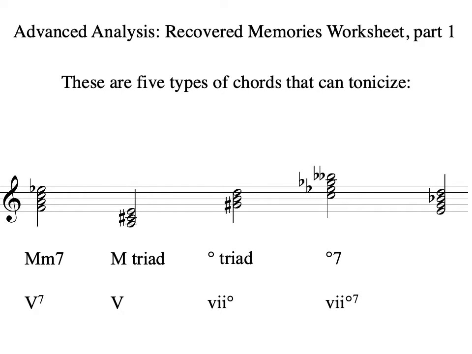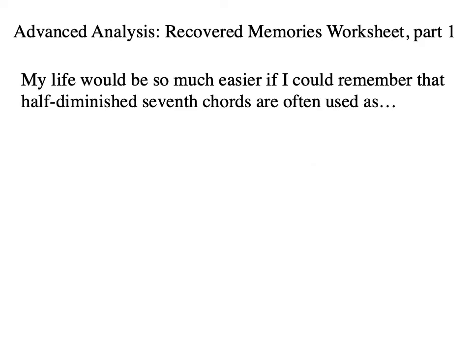But this is a fully diminished seventh chord that pulls toward a chord that sounds like tonic. And the other type of chord that has a diminished triad in it that does this is the diminished minor seventh chord, or the half diminished seventh chord. Those are 5 types of chords that tonicize well.